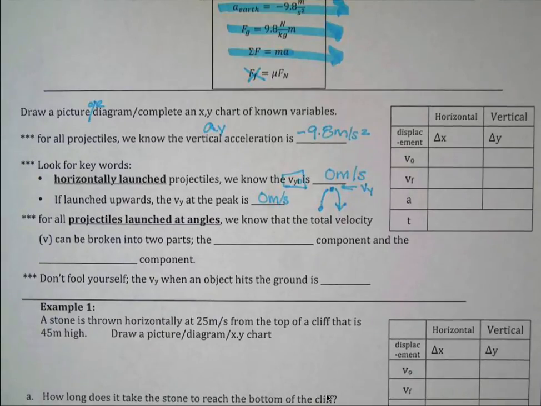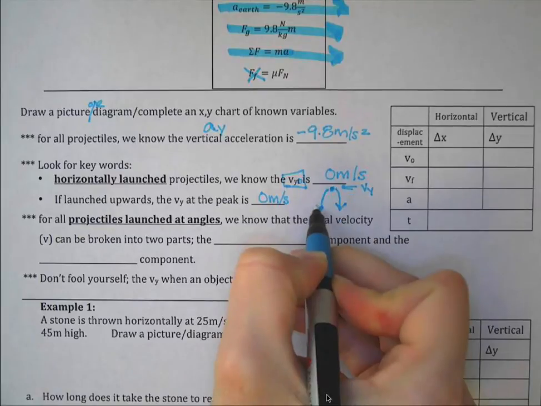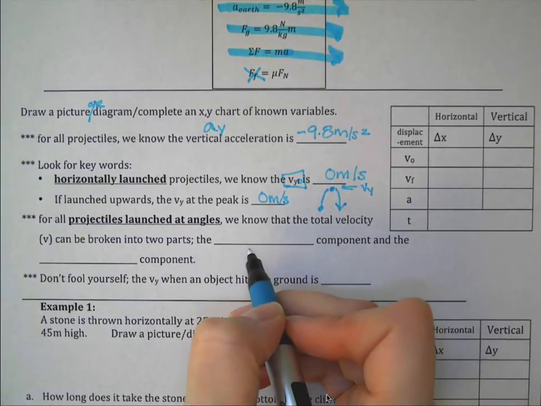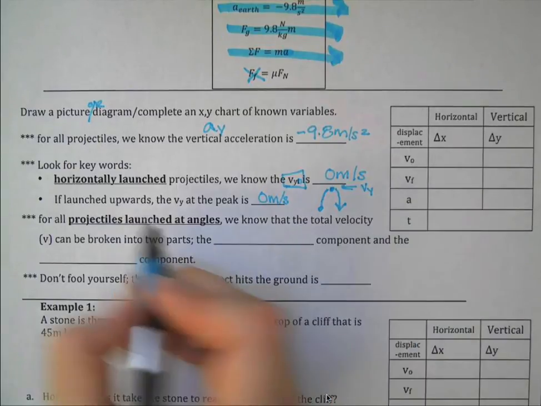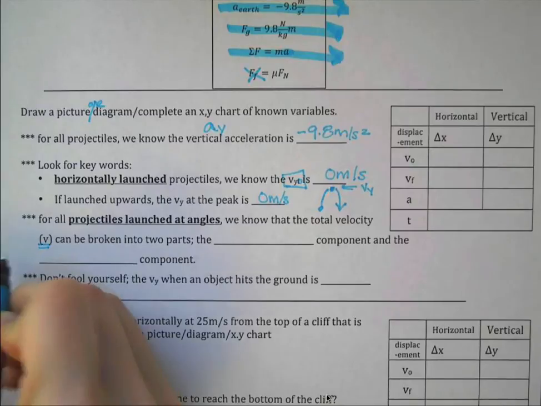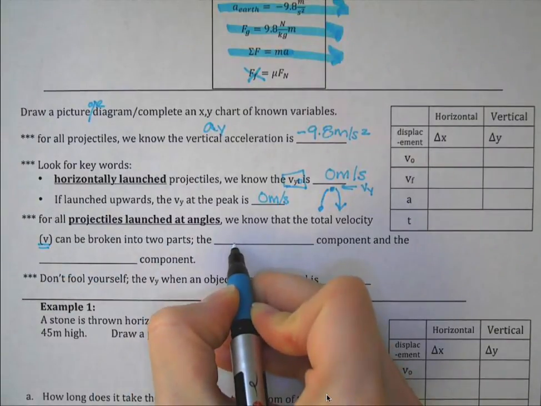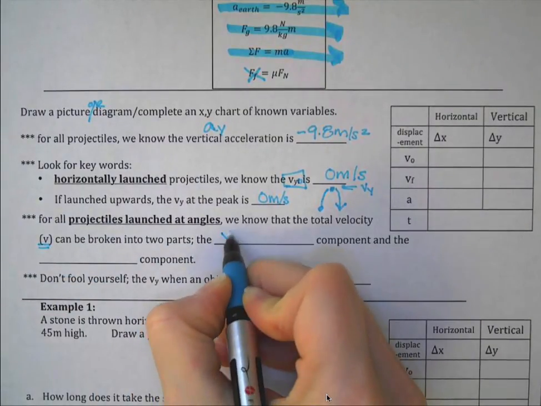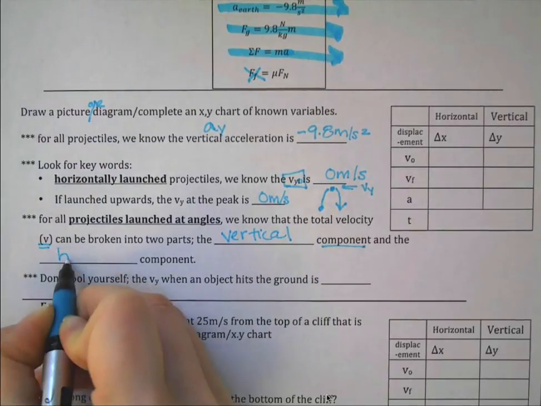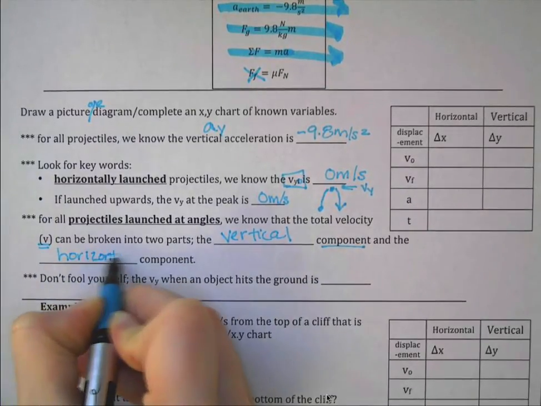Then in the next case, for all projectiles launched at angles, we know that the total velocity v can be broken into two parts. So again, v with no subscript is talking about the resultant vector, and it can be broken into the vertical component and the horizontal component.